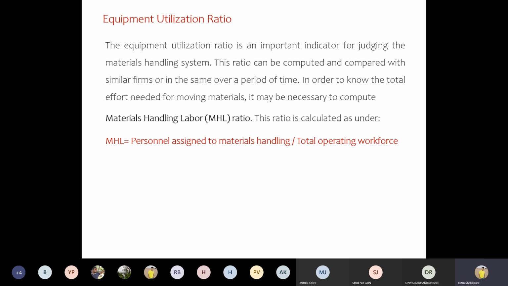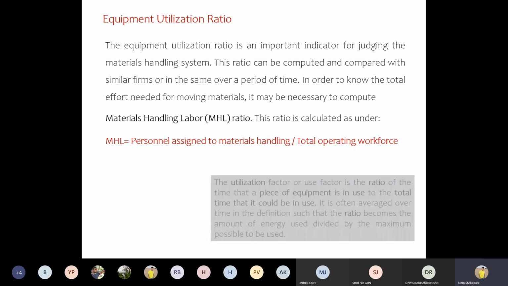Then and only then can you manage the material handling ratio.